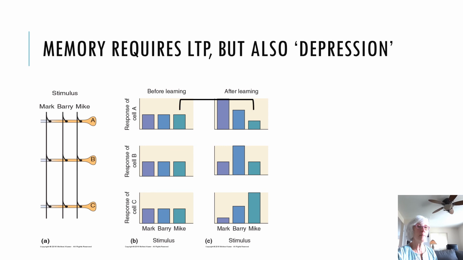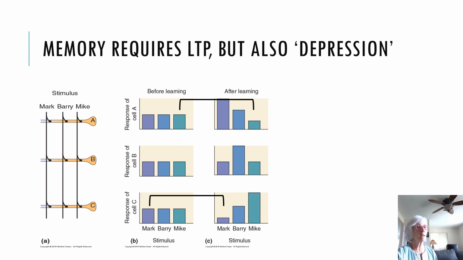So if we're going to compare what's happening in neuron A when we're looking at Mike, both before we know who Mike was and after we know who Mike is, we see that in neuron A, we have less of a stimulus after learning who Mike is. And similarly, we see the same thing with Mark, although in neuron C.